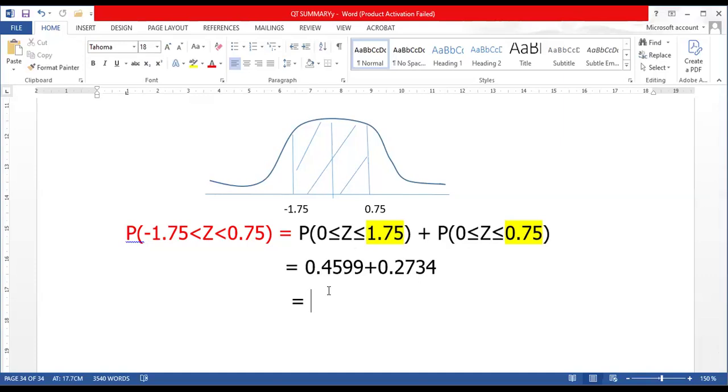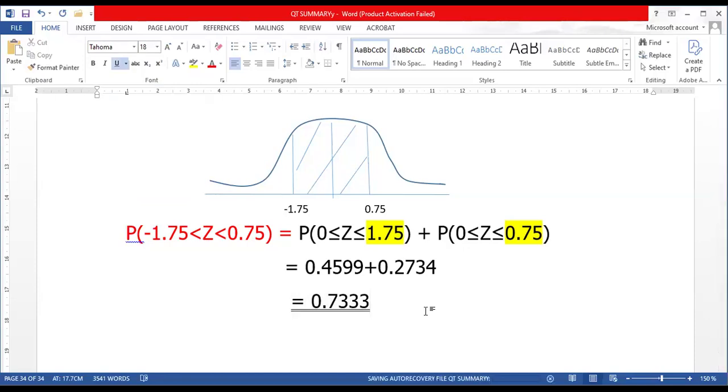How can you get a probability as 1 point something? A probability can never be above 1. It is 0.7333, like this. So that is your answer, and you're done with your number.